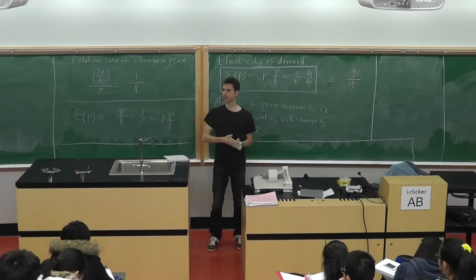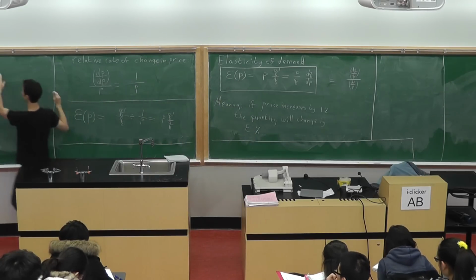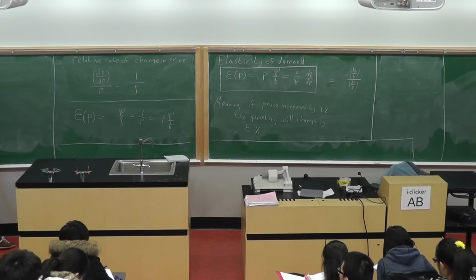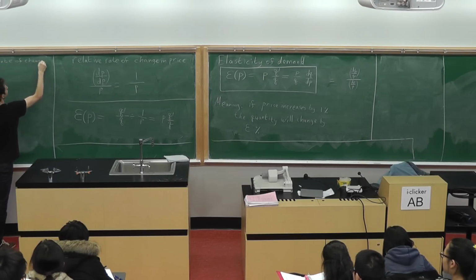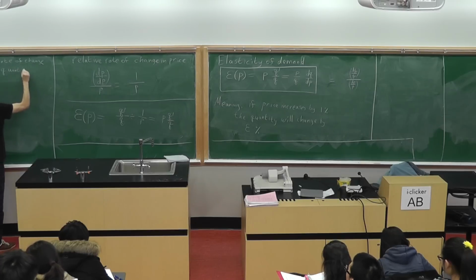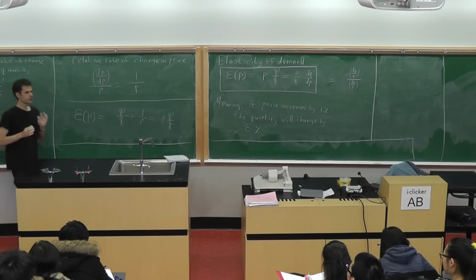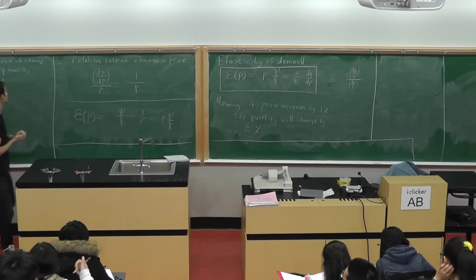Well, here I also had the relative rate of change in quantity, and that was q prime over q. So let me first interpret this thing, and then I will interpret the other thing.